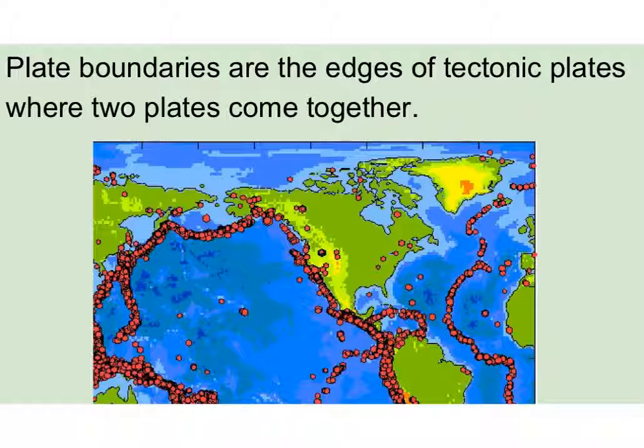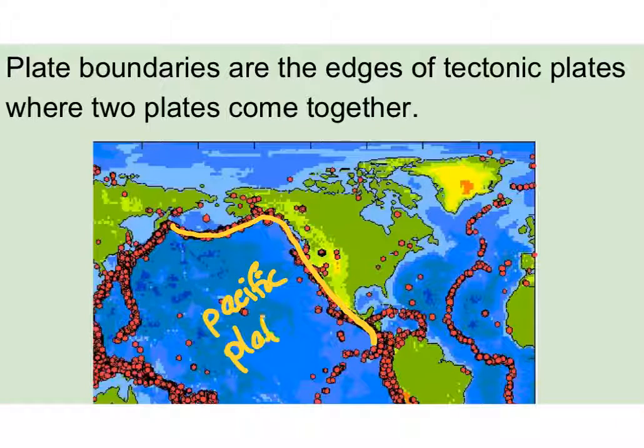So we've got a couple of different plates here. While you are recording that, I'm just going to point out these different plates. This right here is the boundary between the Pacific plate and the North American plate.